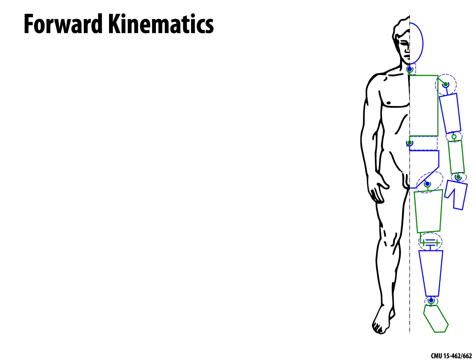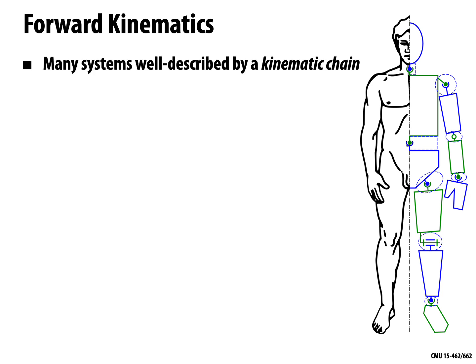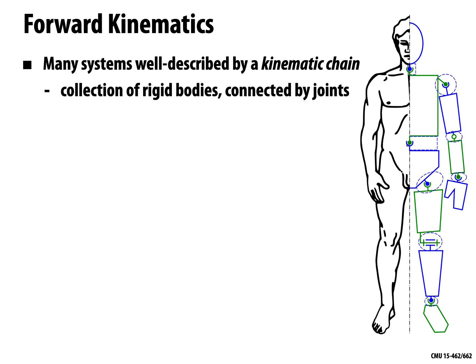Before inverse kinematics, let's talk about forward kinematics. A lot of systems, a lot of characters in an animation or robots or vehicles or whatever, are well described by a kinematic chain, which just means I have a collection of objects, maybe rigid bodies, and they're connected by joints.